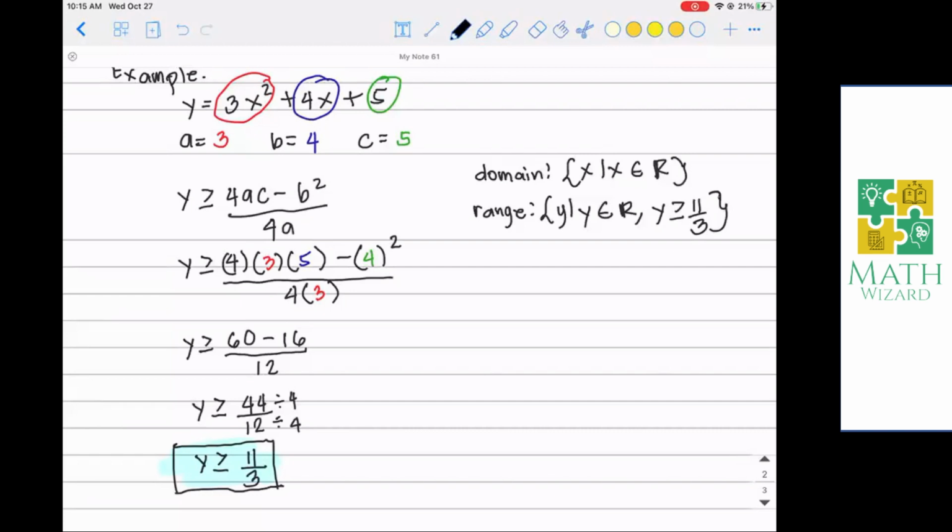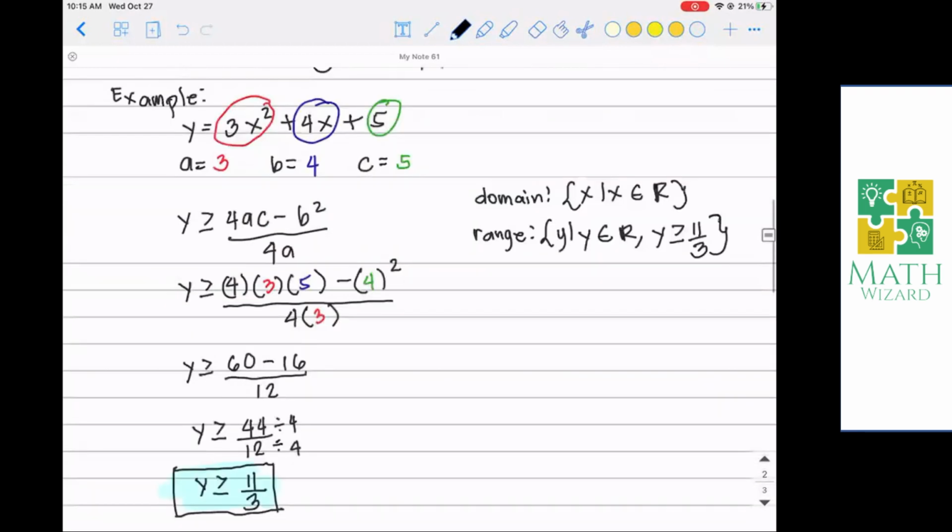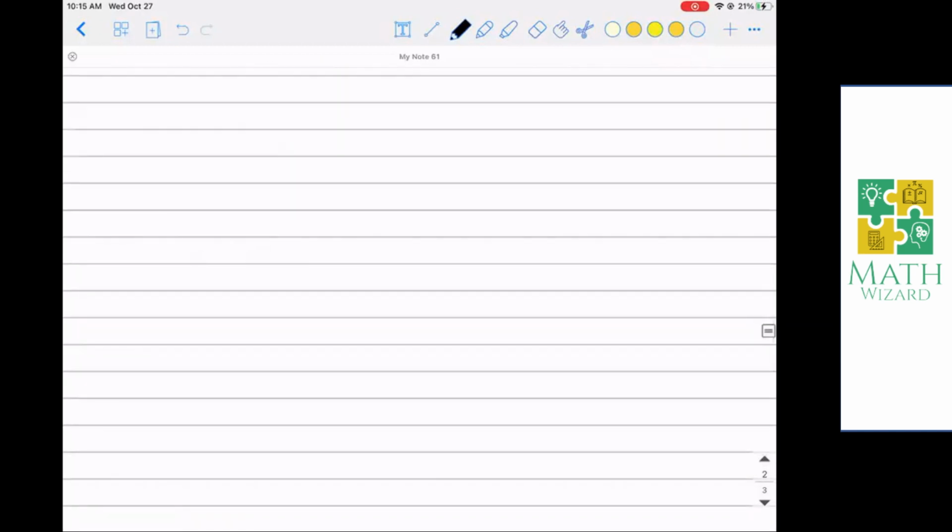What if it's negative? Let's see how we solve it if the quadratic function has a negative leading coefficient. Let's have another example: y is equal to negative 2x squared plus 1. This is a quadratic function.